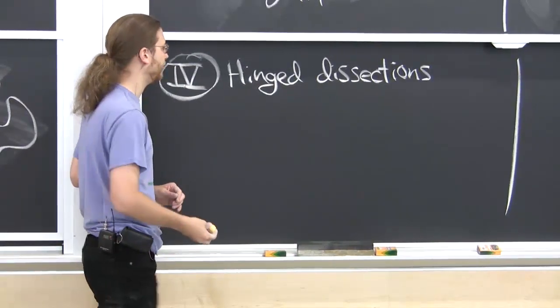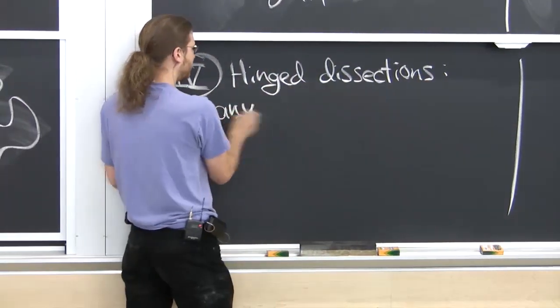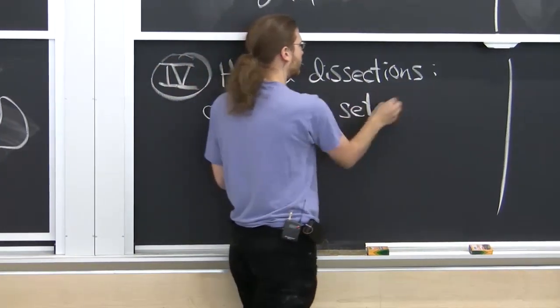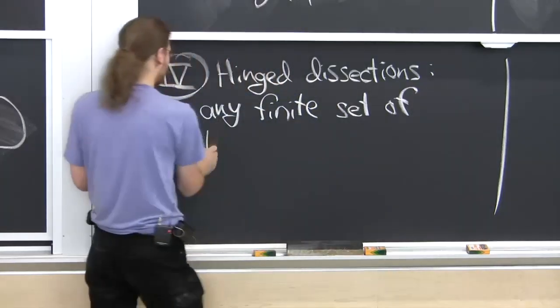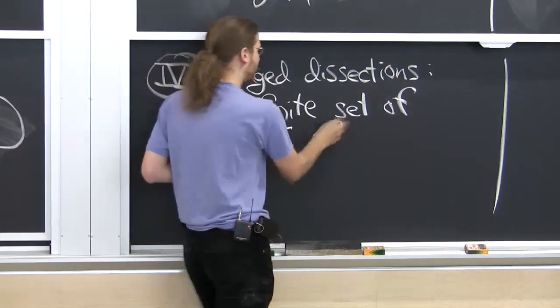And the theorem is you take any finite set of polygons of the same area.